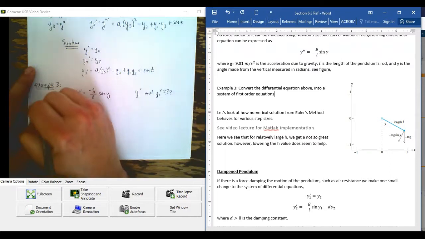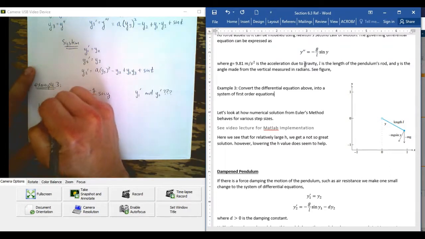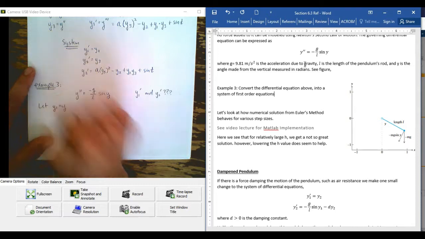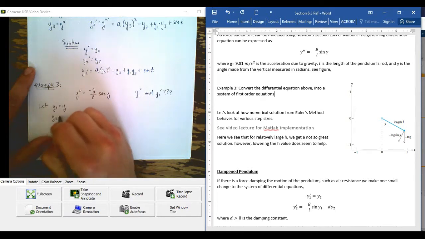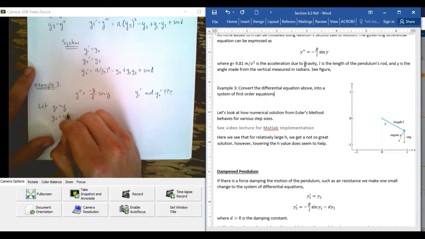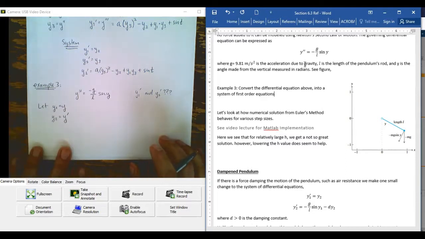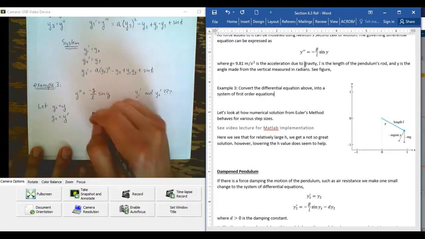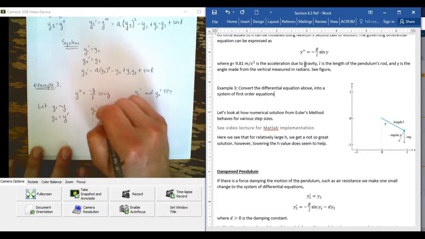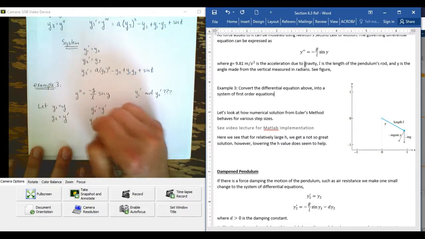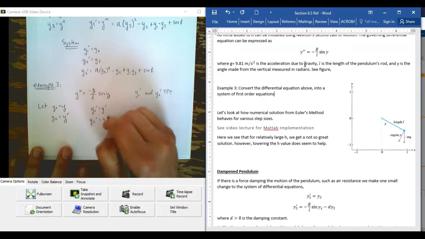So we're going to let y1 equal y, and y2 equal y prime. So y1 prime would be y prime, and y2 prime would be y double prime, which is the derivative here.